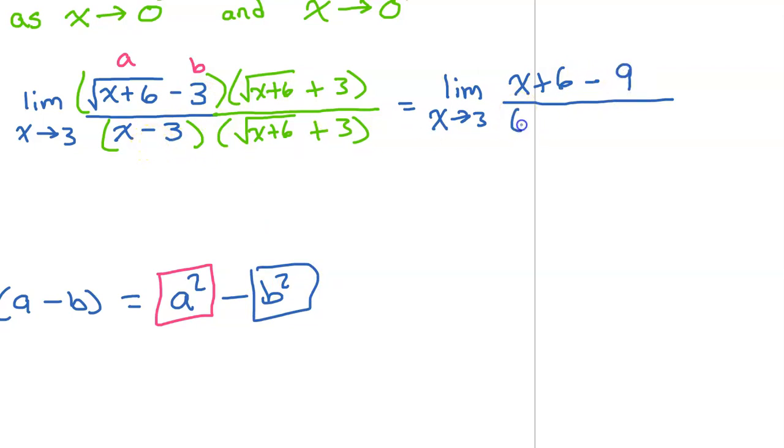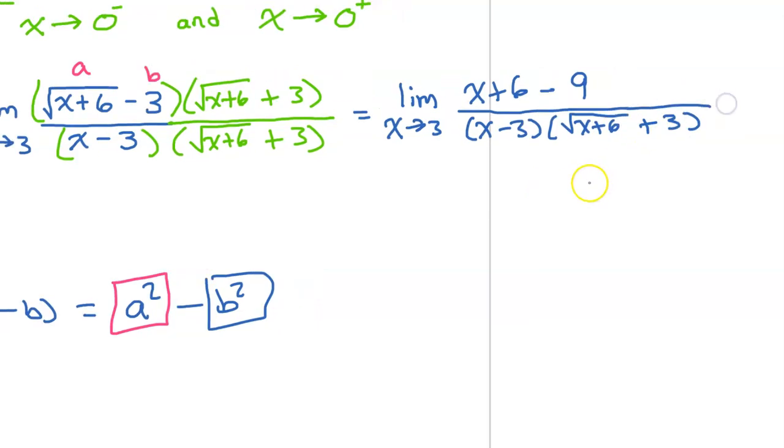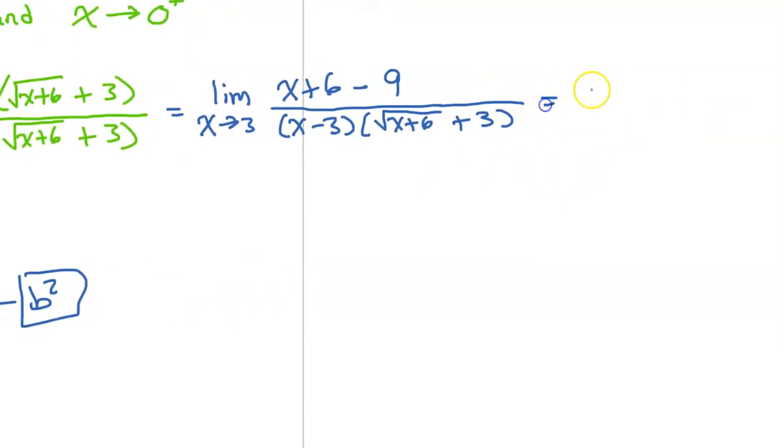The denominator is unchanged, so I have x minus 3 times the square root of x plus 6 plus 3. What happens next? This will equal the limit as x approaches 3.